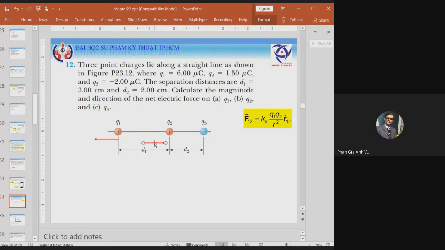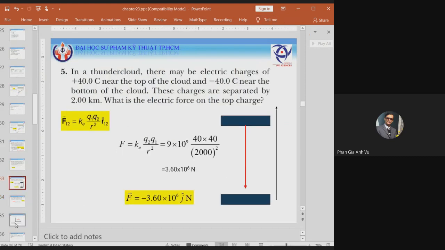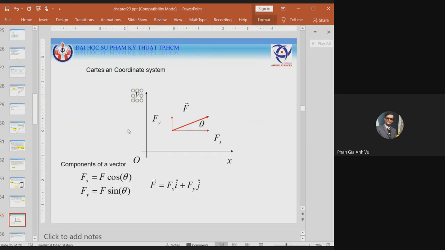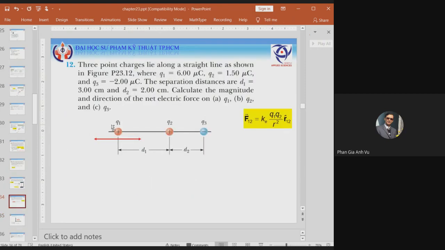Right? I don't know which one is longer. I don't know, right? But when you look at the value here, this is the 6 micron. This one is 1.5 micron.